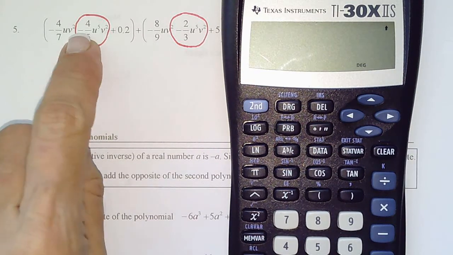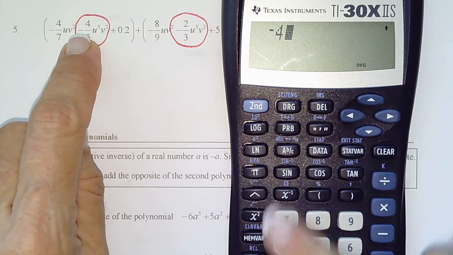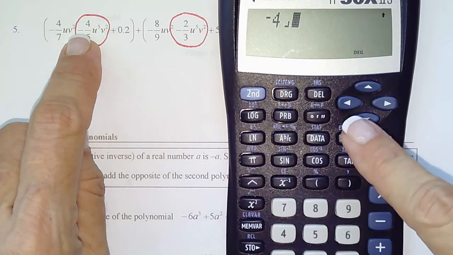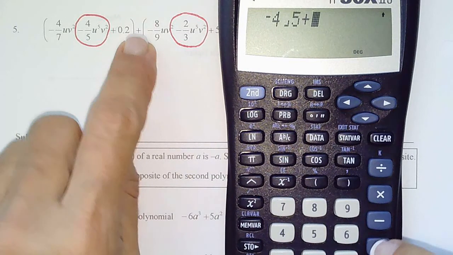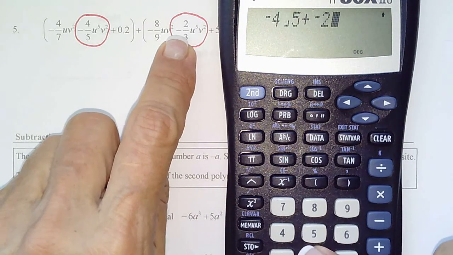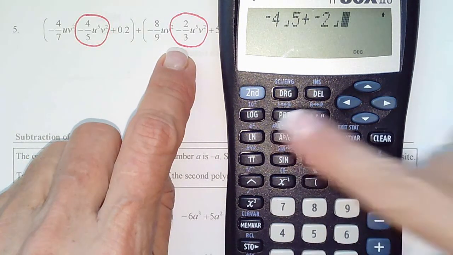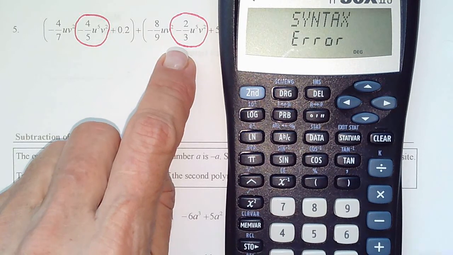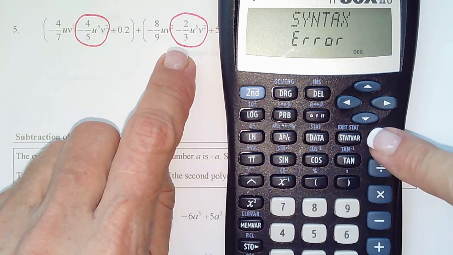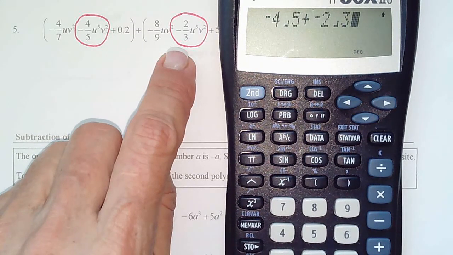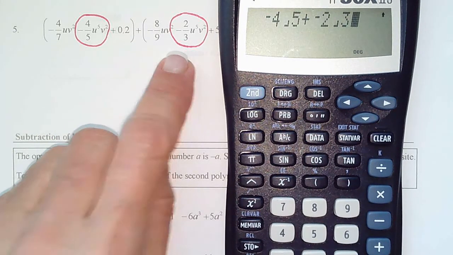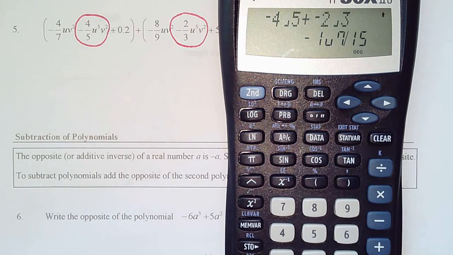So this would be -4 fraction bar 5 plus -2 fraction bar 3. Oops. Yikes. Oh, I forgot to type in my 3. I hit enter. So -4/5 plus -2/3 is -1 7/15.